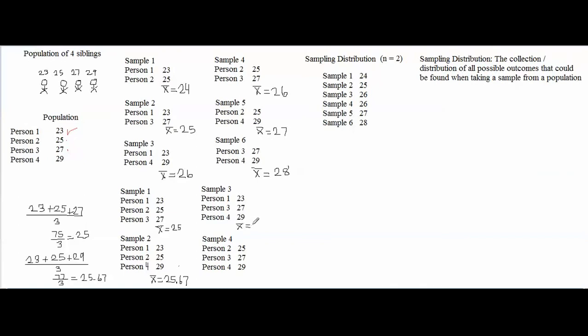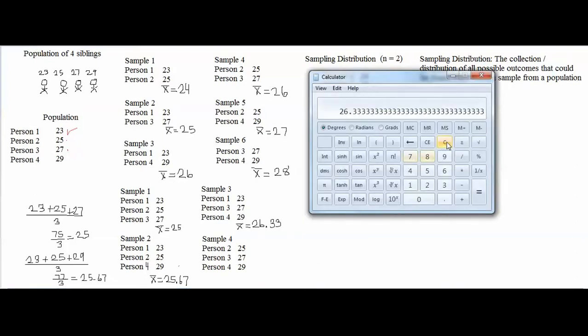That's the mean of sample 3. What about the mean of sample 4? 25 plus 27 plus 29 gives us a total of 81. 81 divided by 3 is 27.